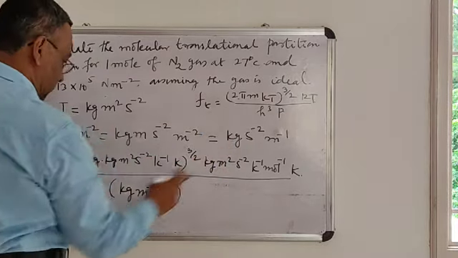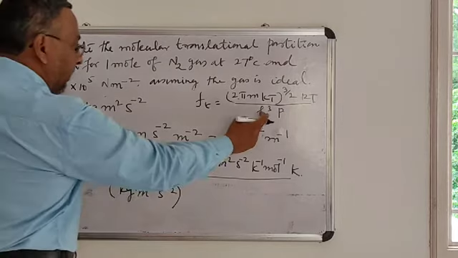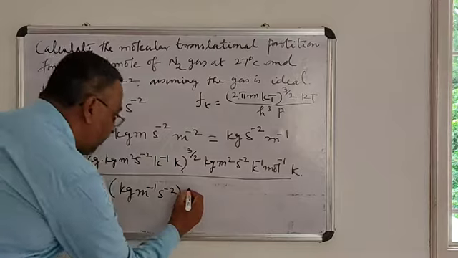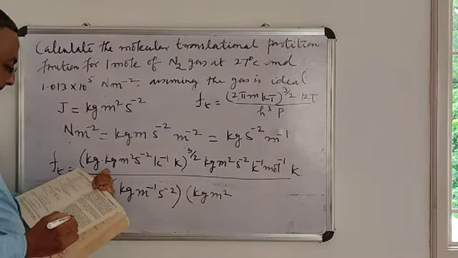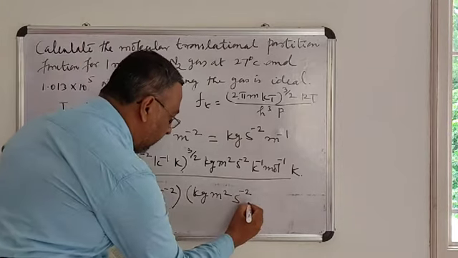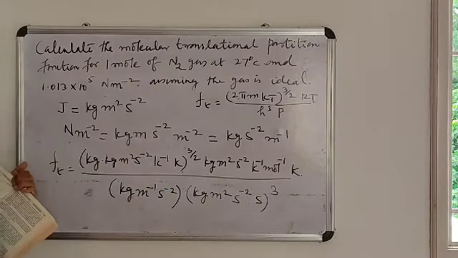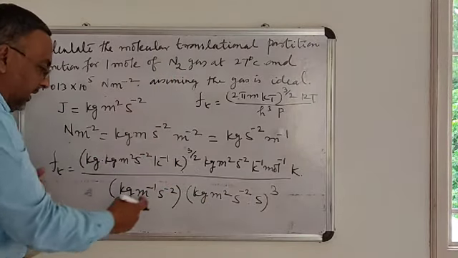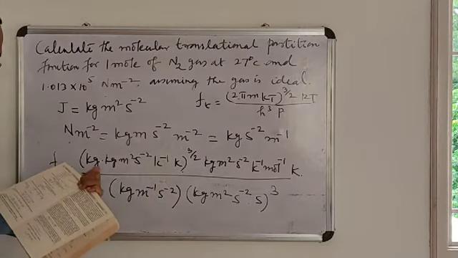This is pressure, Newton power meter minus 2. And the Planck's constant value is kilogram meter square second power minus 2 into second, whole cube. So I have substituted the units for all these values.